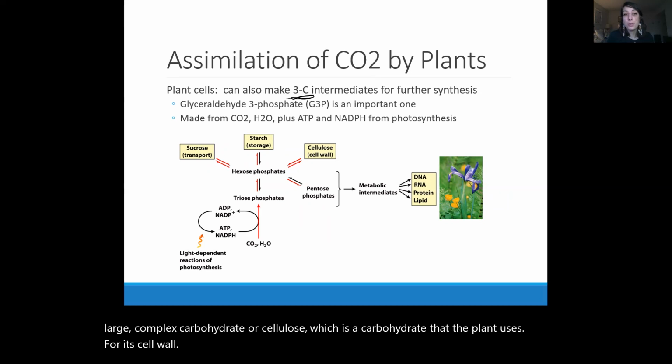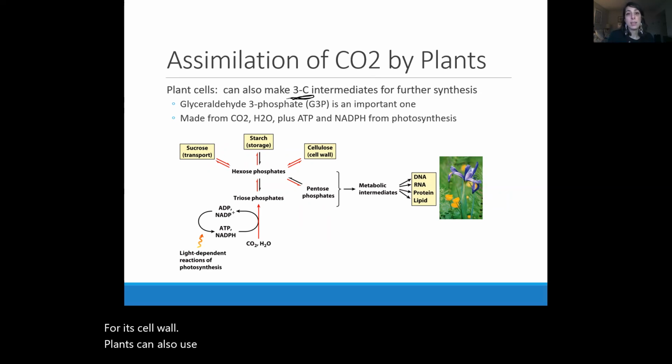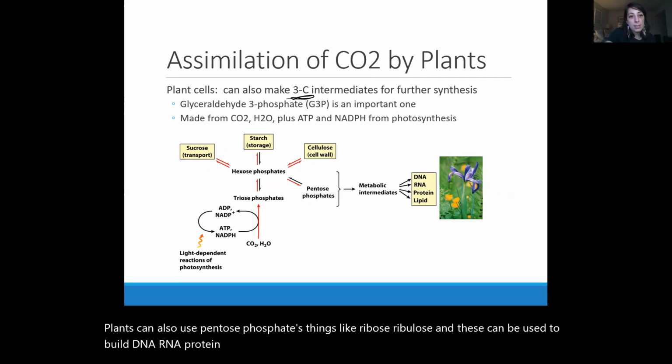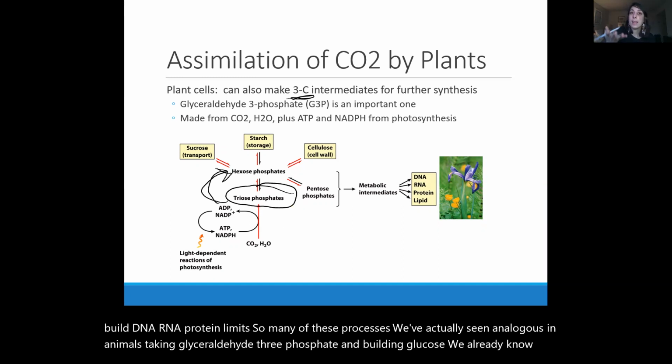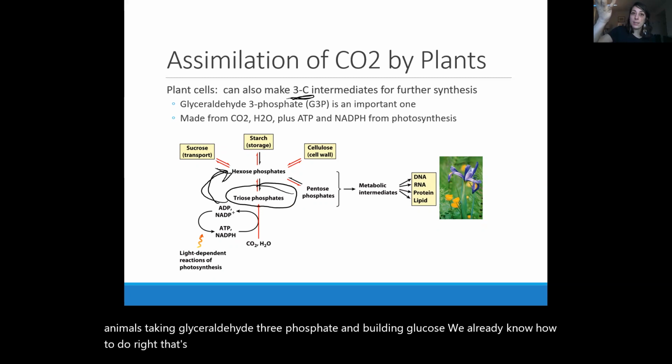Plants can also use pentose phosphates, things like ribose, ribulose, and these can be used to build DNA, RNA, protein, lipids. So many of these processes we've actually seen analogous in animals. Taking glyceraldehyde 3 phosphate and building glucose, we already know how to do, right? That's gluconeogenesis, the reverse of glycolysis.